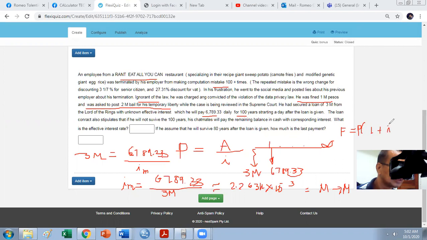So in monthly siya, so that will be 1 plus M raised to the 12, minus 1. This will be now your effective interest.